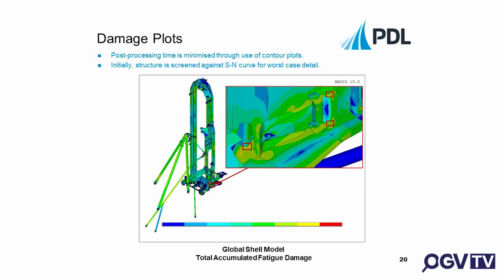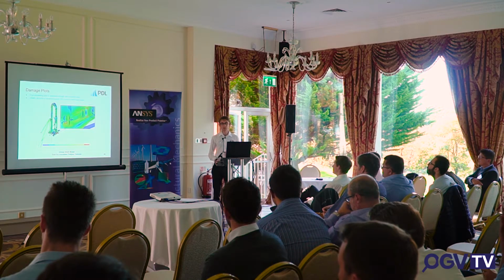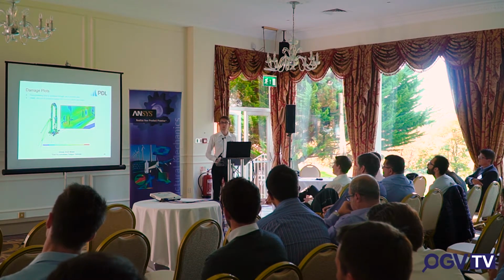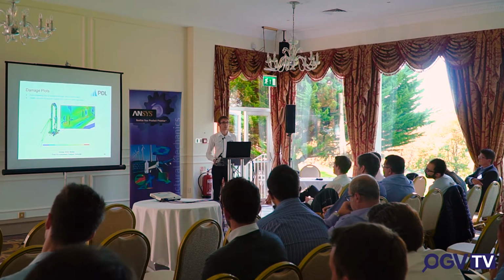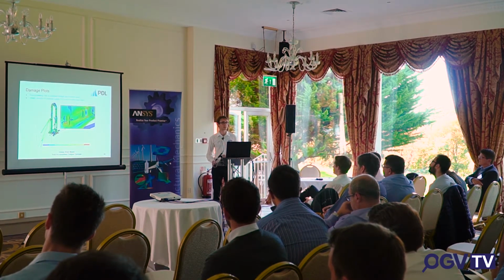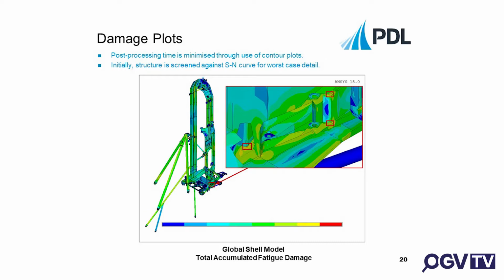You can see here, there are 2 areas that haven't passed, but it doesn't mean they've failed. It just means that they've not passed with that screening SN curve. So then we'll zoom in and look at them in a bit more detail. I should say obviously all the numbers are removed, but for fatigue damage, basically, if it's above 1, it definitely fails. If it's below 1, then it may pass, but you normally apply a factor of safety, so 2, 3, 10.